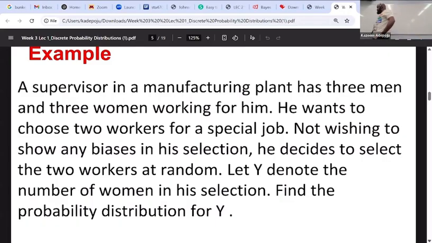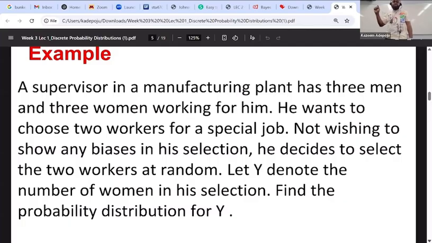Now we want to go into an example. A supervisor in a manufacturing plant has three men and three women working for him. He wants to choose two workers for a special job. It's like he has a total of six people working for him, but he only needs to choose two workers for a special job.